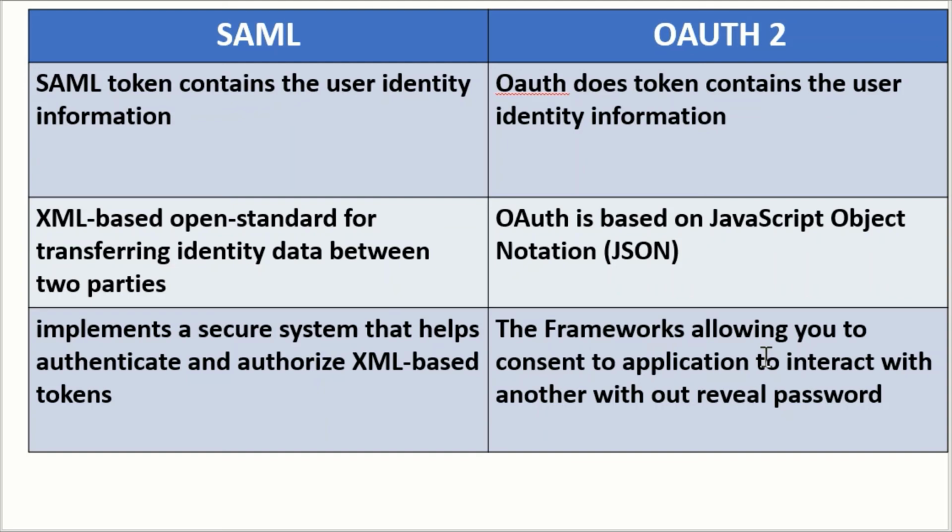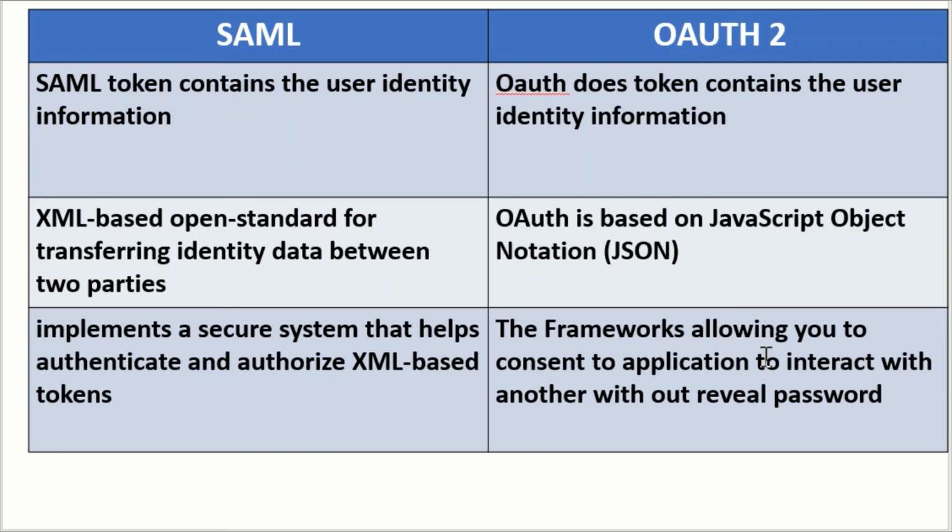SAML is an XML-based open standard for transferring data between service provider and identity provider. OAuth also uses XML to some extent, but the main format for transferring data between service provider and identity provider is JSON. Another difference is that SAML is a security system that helps authenticate and authorize using XML-based tokens.